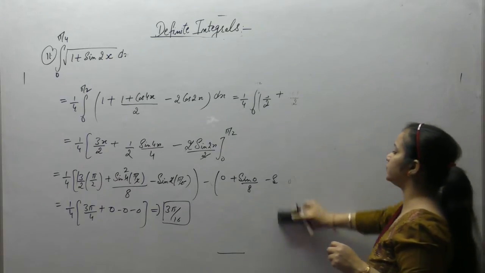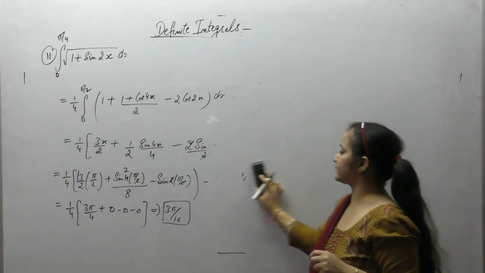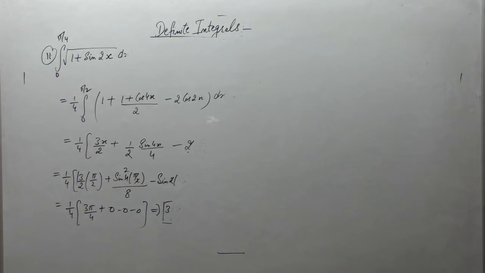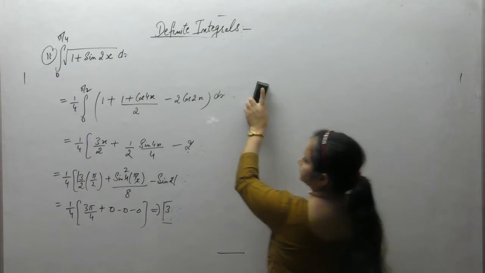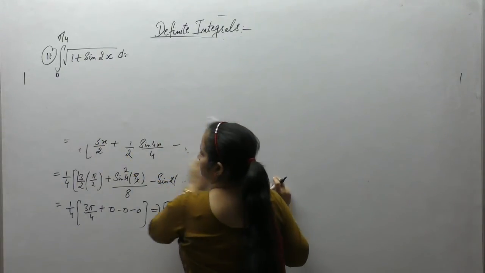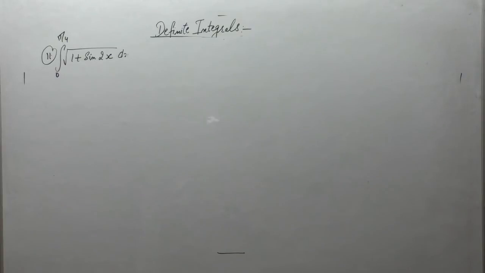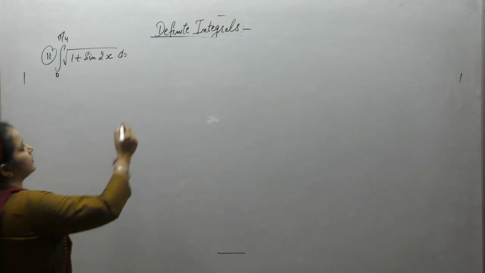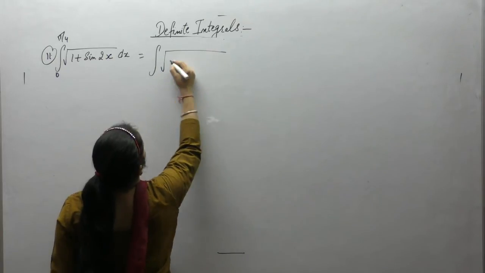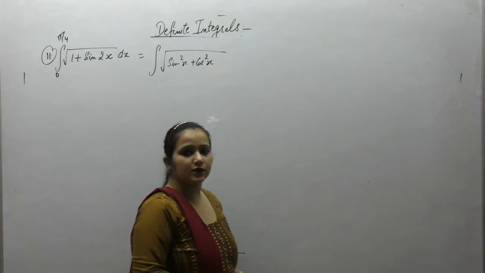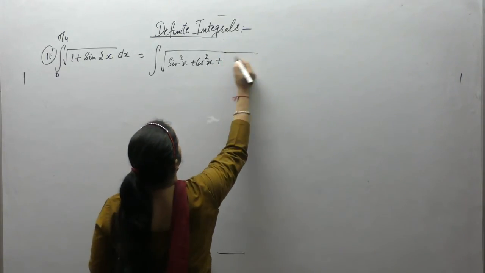Instead of 1, we use the identity sin²x + cos²x. And sin 2x is equal to 2 sin x cos x.